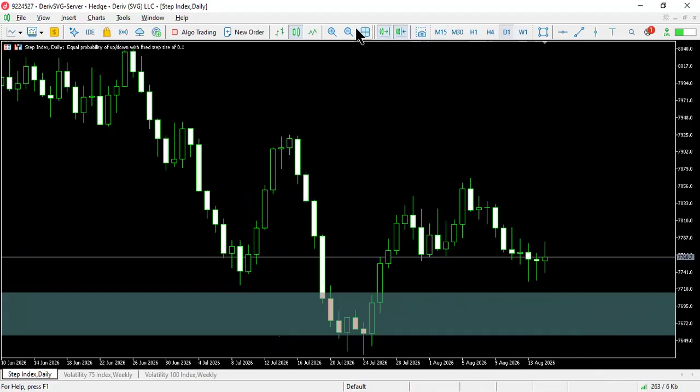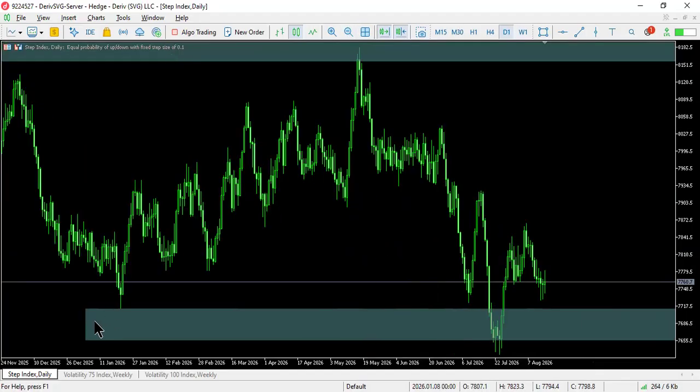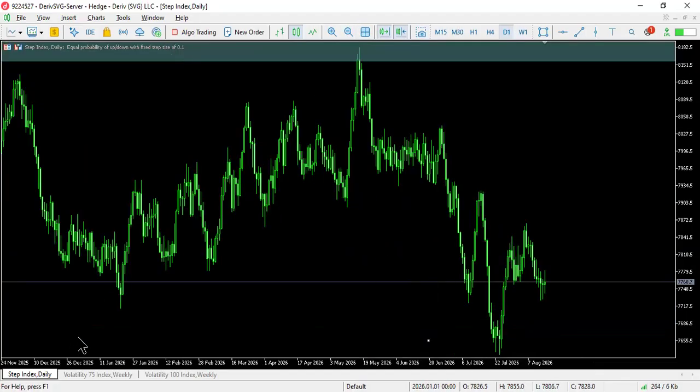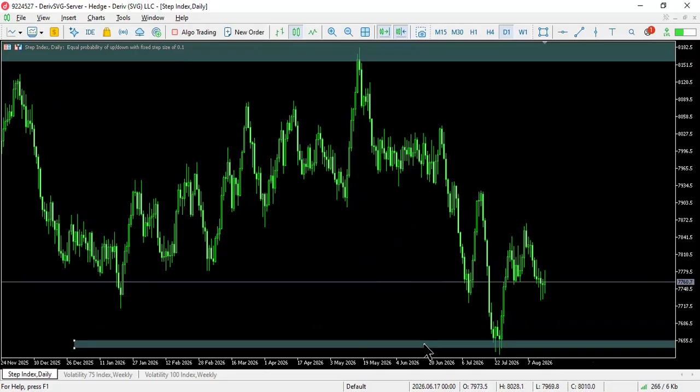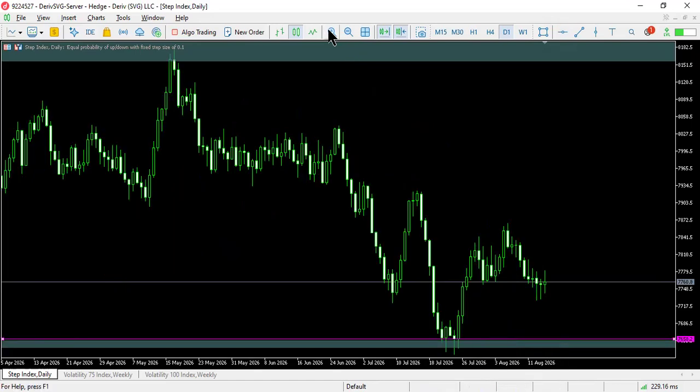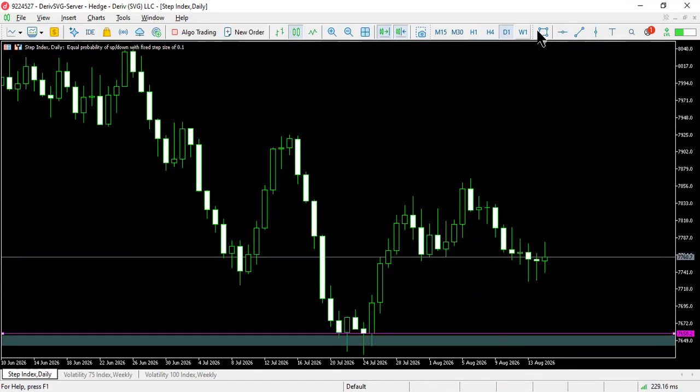Heading over to the daily time frame, we can see price is reacting from that supply.